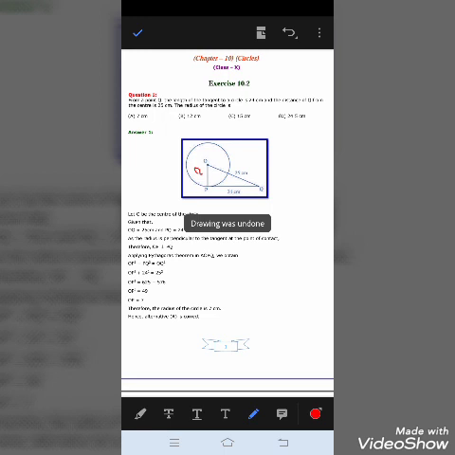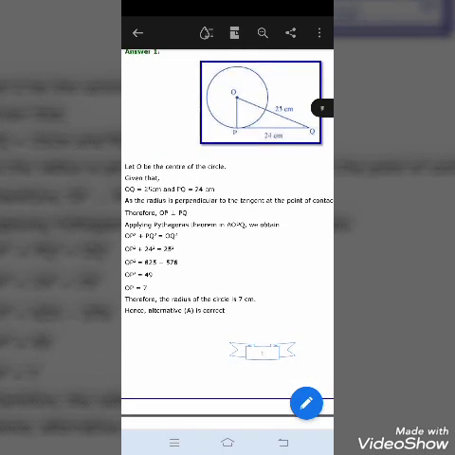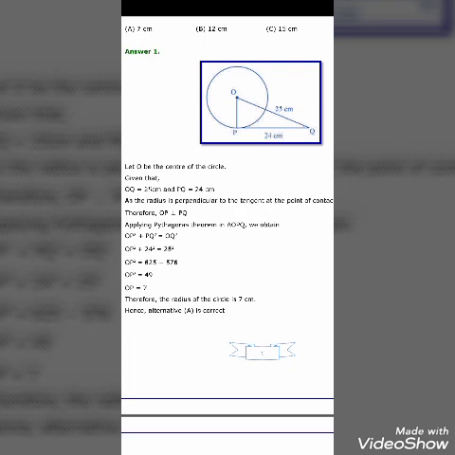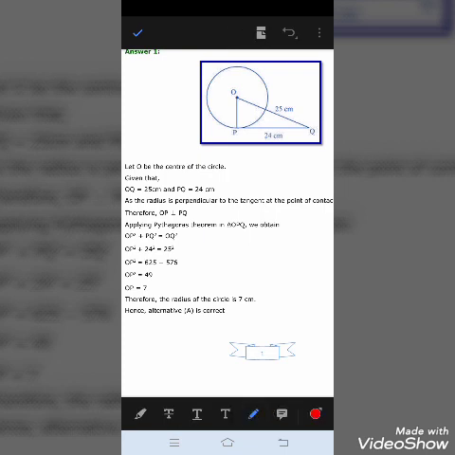I mean to say this particular OP. The options are already given: 7 centimeter, 12 centimeter, 15 centimeter and 24.5 centimeter. So let's begin with the solution. In the given solution, let O be the center of the circle.